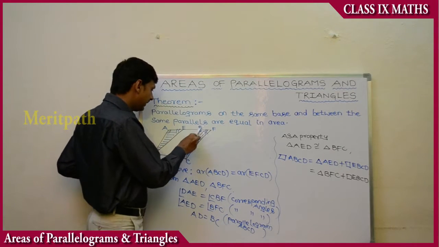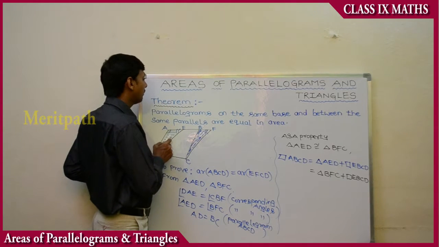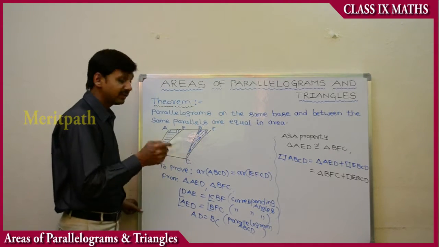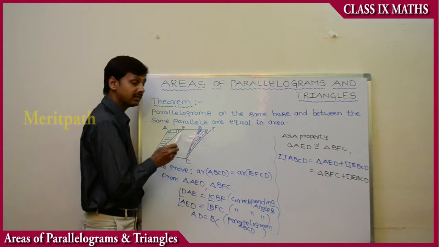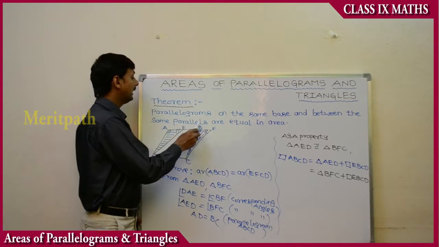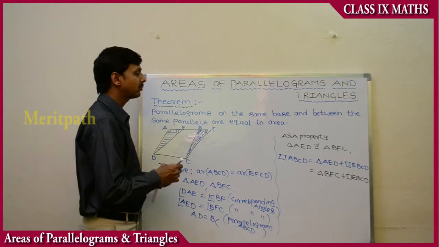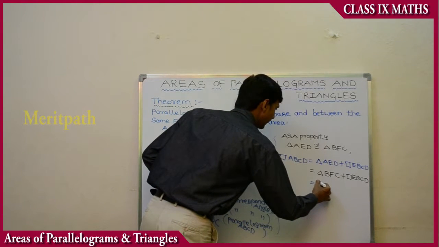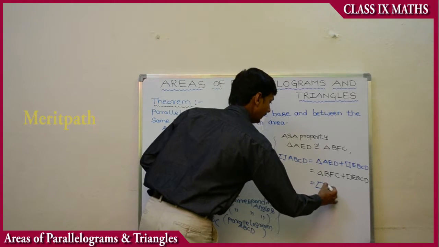EBCD plus BFC becomes the full parallelogram EFCD. So let's recall again. Quadrilateral EBCD plus triangle BFC becomes EFCD, the full parallelogram. So let's write that. If we add both, we get the parallelogram EFCD.